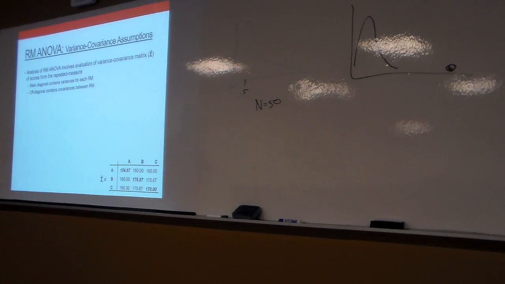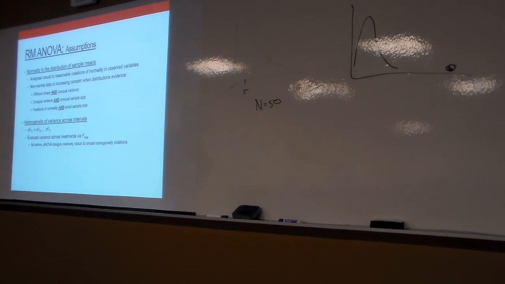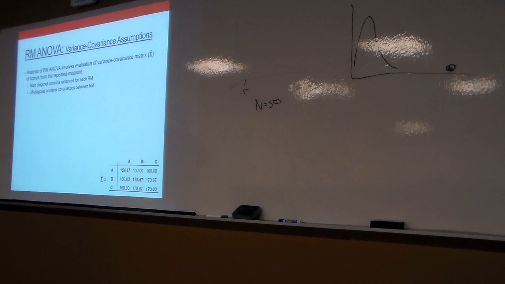Okay. So this is old stuff, new stuff that we need to start thinking about in terms of our repeated measures designs. For repeated measures designs, we also have assumptions about our variance covariance matrix.